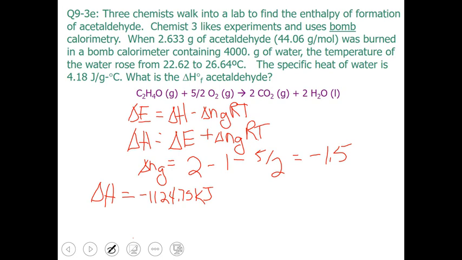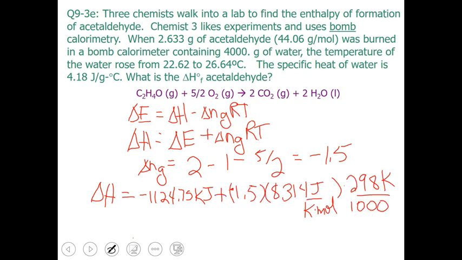So now I have delta H of combustion is equal to the value I got for delta E, which I hope you got the same, minus 1,124.75 kilojoules. So my delta NG of minus 1.5 times 8.314 joules per Kelvin mole times 298 Kelvin. And also don't forget to divide by 1,000 to get this value in kilojoules.